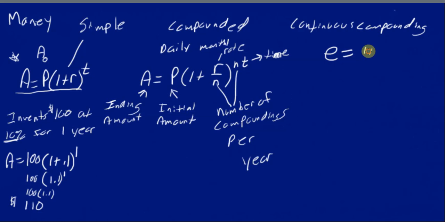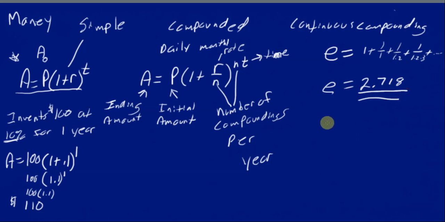It comes from 1 plus 1 over 1, plus 1 over 1 times 2, plus 1 over 1 times 2 times 3, plus dot, dot, dot. You add all that up, and this comes to an irrational number that we're going to abbreviate as 2.718. Just as you use pi as 3.14, you can use E as 2.718. I will show you how to find it on your calculator, though. But if all else fails, remember 2.718.